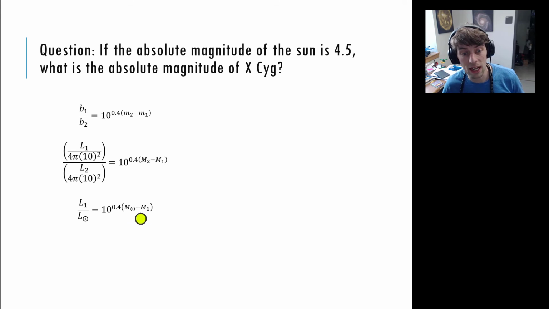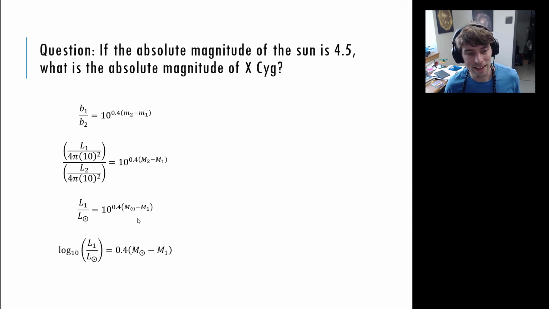We just need to get M1, the absolute magnitude of my star, by itself. So we have to undo this exponent. How do we do that again? Logarithms. So let's take a log of both sides. Now we've gotten rid of that 10, and we just need to get M1 by itself. So we multiply by 5 halves to get rid of this 0.4.